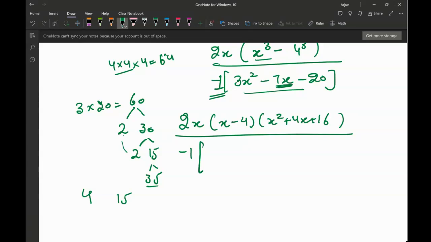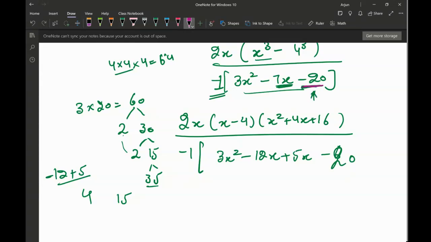No, that doesn't give me 7. 2 times 2 is 4, 4 times 3 is 12, 12 and 5, 12 minus 5, that is 7. Surely that will give me the number, but this will be minus 12 and plus 5. So 3x squared minus 12x plus 5x minus 20, because this is negative 20. Negative 20 times 3 is actually negative 60, so the product should be negative 60, and the algebraic addition should be negative 7x.